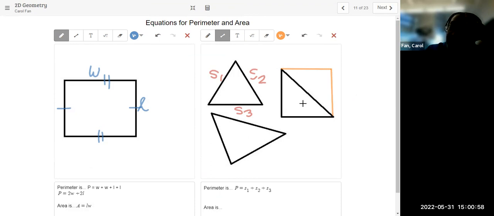I've just added a second half to this. Now remember, the area of a rectangle is length times width. Now instead, what we're going to do is we're going to take length times width, but I'm going to divide it in half.